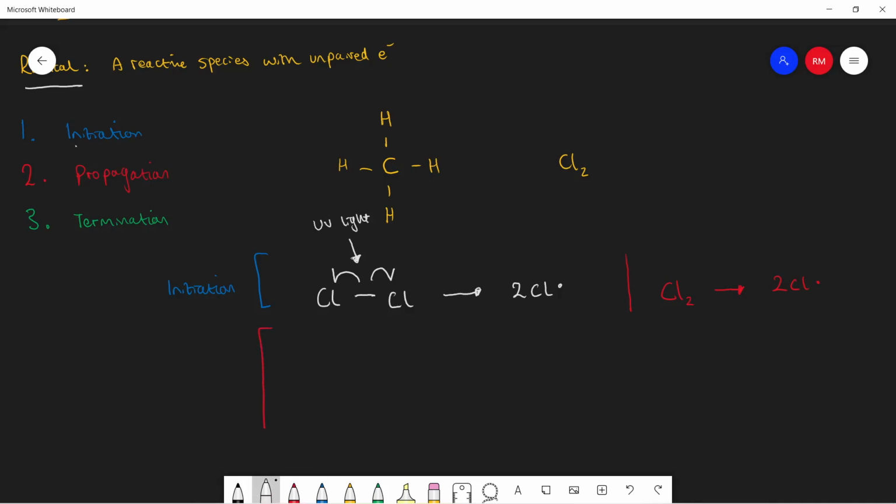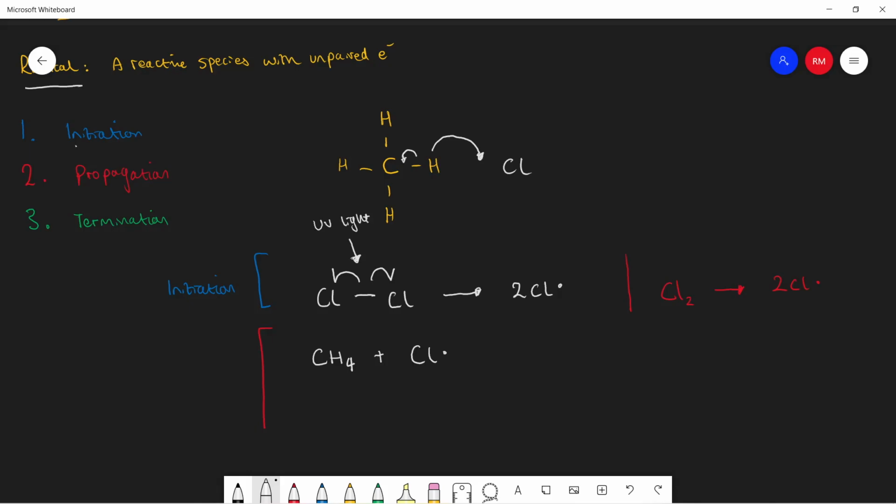Next step, we have propagation. So here we have our CH4, our methane, and it's actually going to react with one of the chlorine radicals. Up here, we're just going to draw a chlorine. And a pair of electrons is actually going to come over here and bond with this.